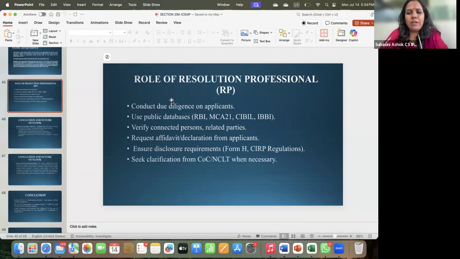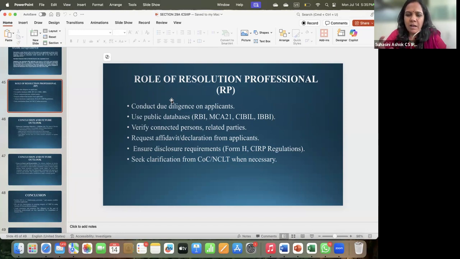So here, as the role of the RP and liquidator, we conduct due diligence on applicants under Section 29A. We have to use public databases like RBI, CIBIL, MCA 21, IBBI, and verify the connected persons and related parties through declarations or affidavits.